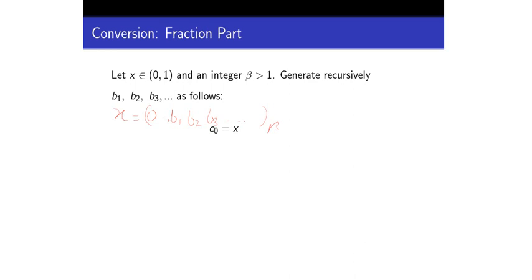So it's a conversion of a decimal number, and we are trying to represent it with respect to any other base beta. So we are generating recursively. We start with c naught equals x. Then b1 is beta times c naught, you multiply by beta and take the integer part, and c1 is its fraction part.